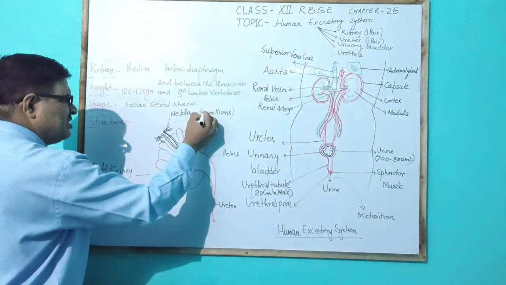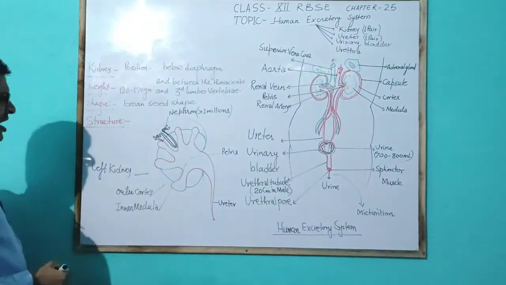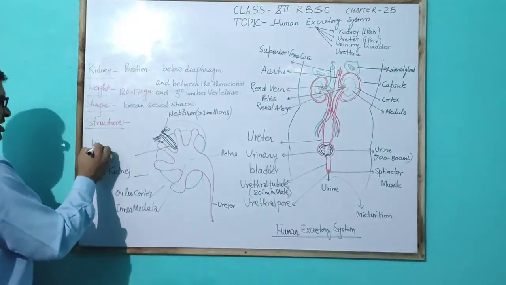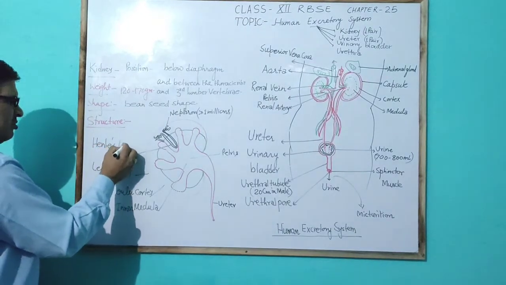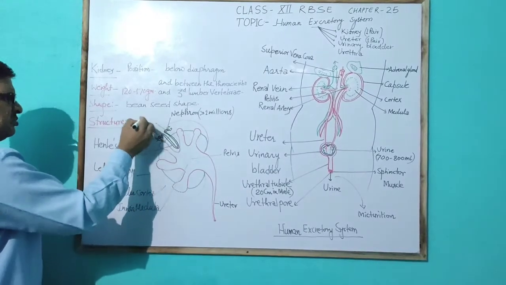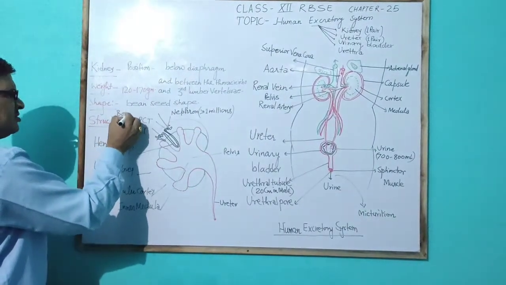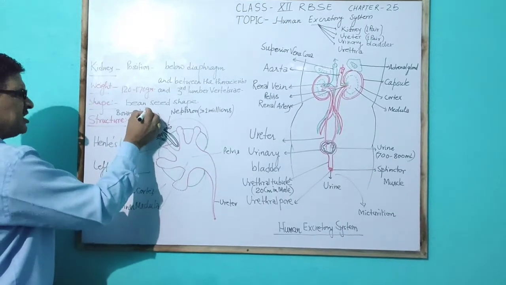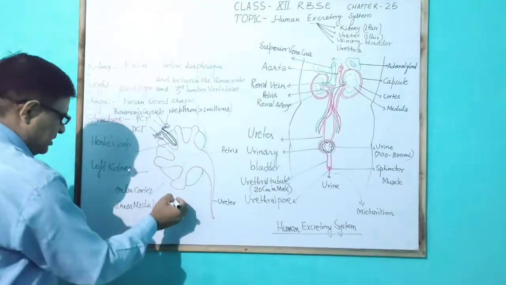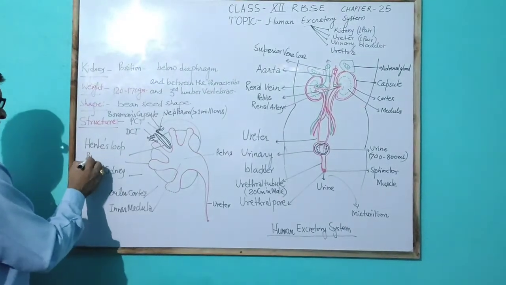More than 1 million nephrons are found in one kidney. In the nephron, generally the Henle loop is present in the medulla part, while other parts like DCT, PCT and Bowman capsule are present in the cortex part.